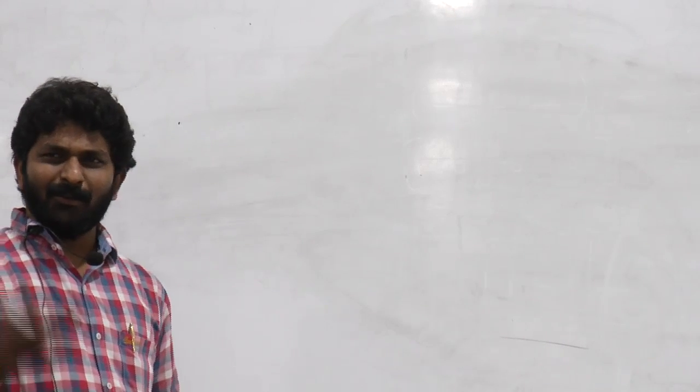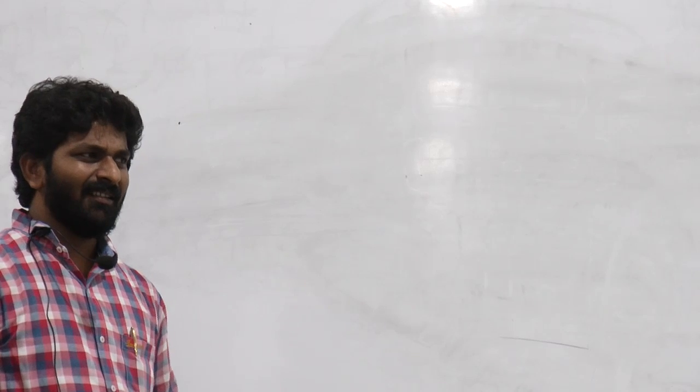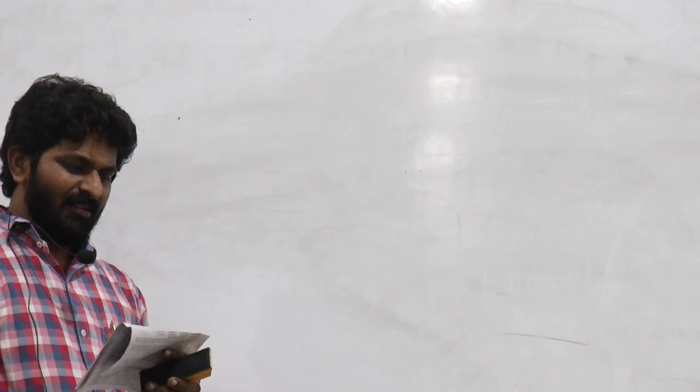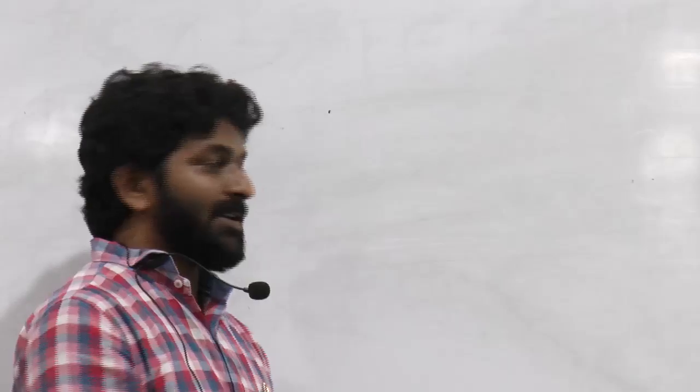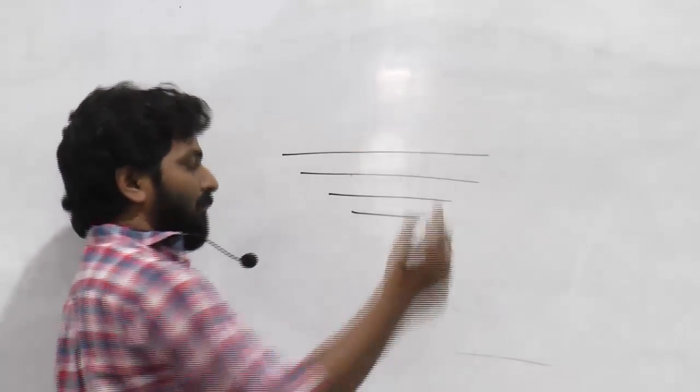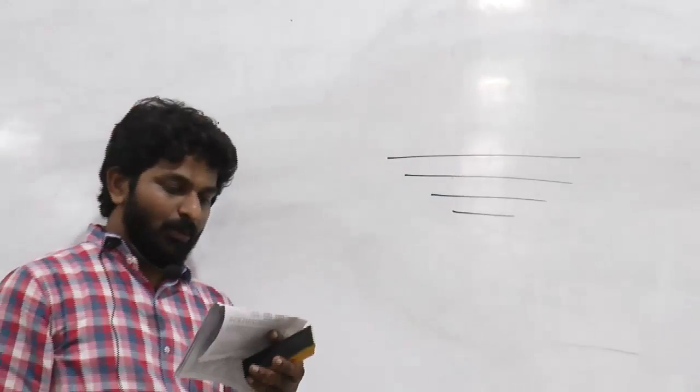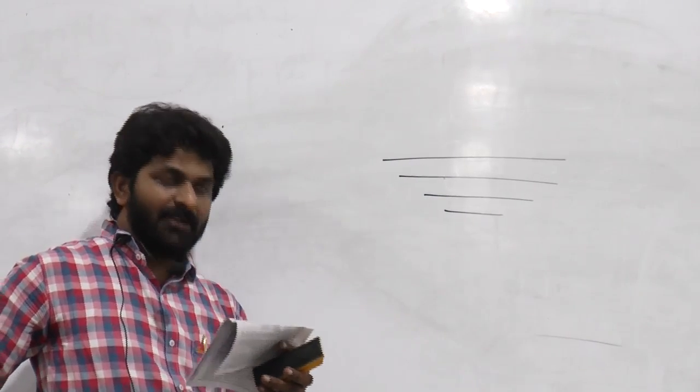Not possible means more than 6 or less than 3? Wait a minute. Okay, 4 or 5 maybe. Let's see, 1, 2, 3, 4. Between any two rows, we need to have how many different students? 3 students.